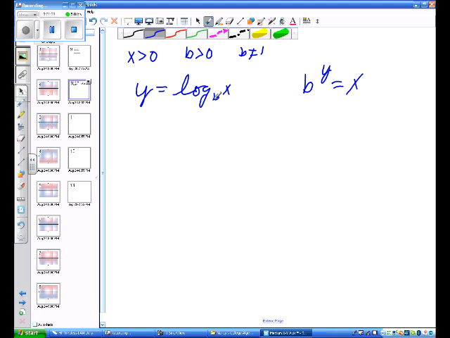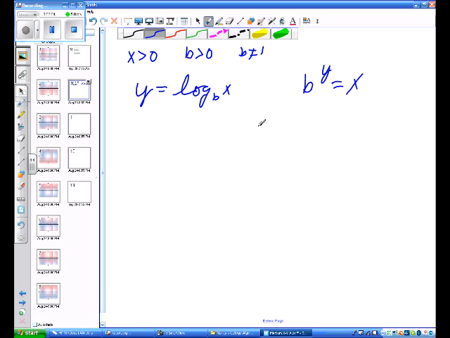This is log base b of x. Notice over here, b is your base. A logarithm always equals the exponent. So y is your exponent. And then you have your number, the log base b of a number. So y equals log base b of a number is equal to b raised to the y is equal to that number.